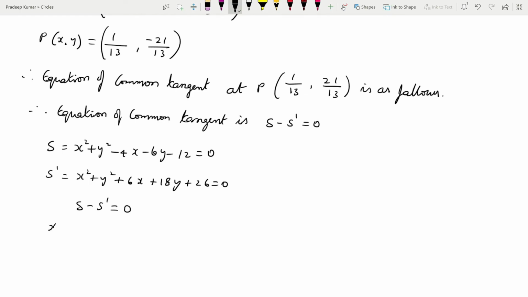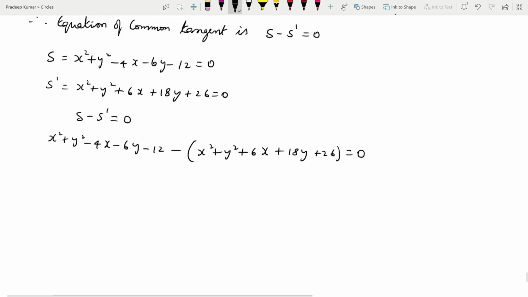So let's submit the values of S and S dash. S is x square plus y square minus 4x minus 6y minus 12, minus of S dash, which is x square plus y square plus 6x plus 18y plus 26 equal to 0. So let's submit minus inside.